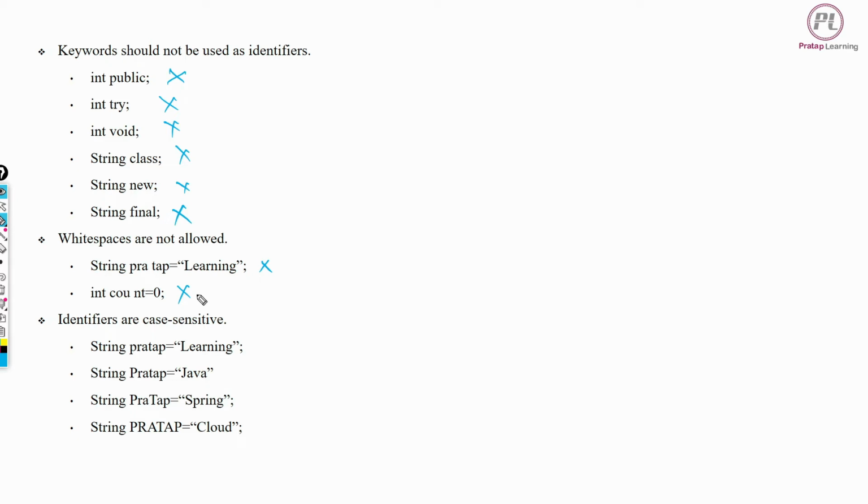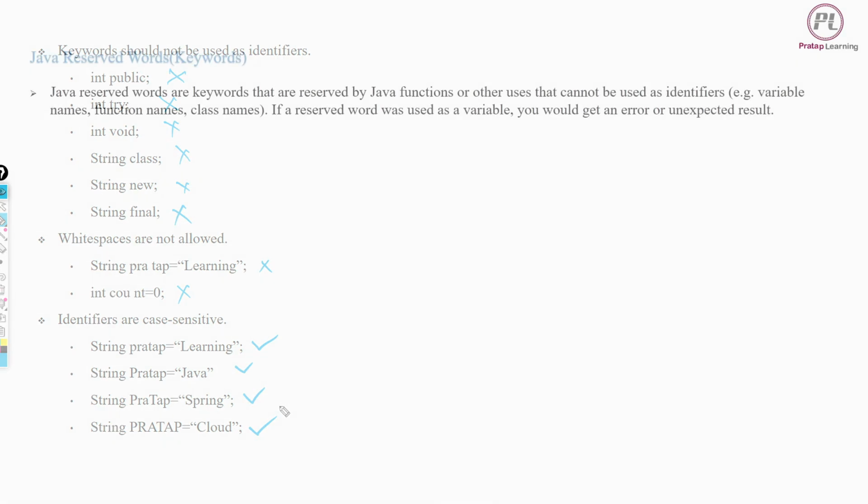As we know, Java is a case sensitive language, so the identifier name is also case sensitive, and we can define similar names with different character cases. Here you can see in the example that all are valid identifier names.